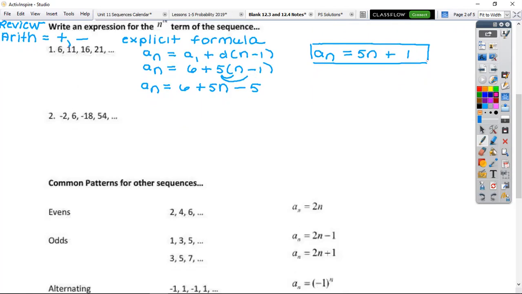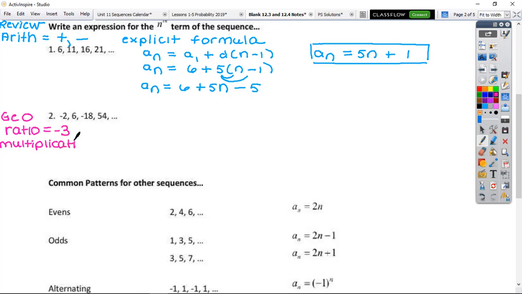No. What's this one instead? Yep, this one's geometric. That means it has a constant multiplier, which is called a constant ratio. So your ratio this time is equal to just -3. I think you can see that one without having to do the second divided by the first. But again, that works every time too. So this one's going to use multiplication. And you are just going to do out your formula.